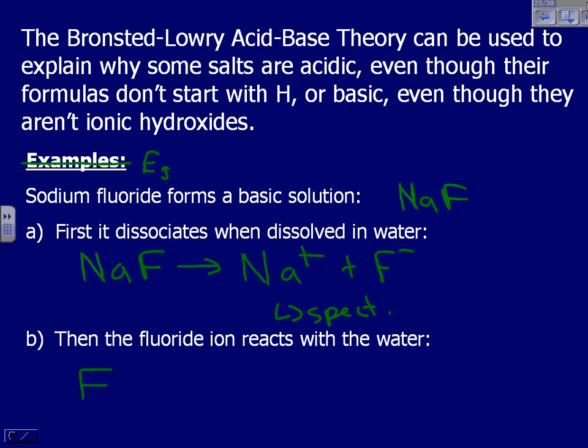So the fluoride is introduced into the water. And we've already told you that it makes a basic solution. But if you take a look at this F-, the H+ is definitely going to be attracted to that F-. So what are the products going to be? HF plus OH-.